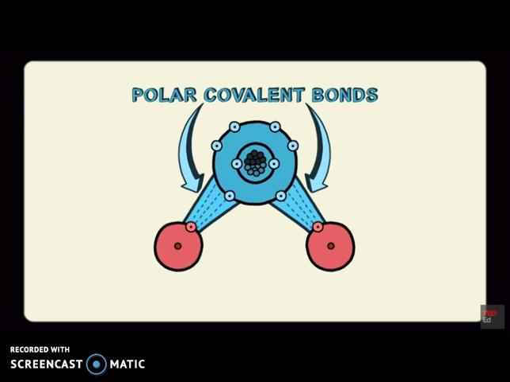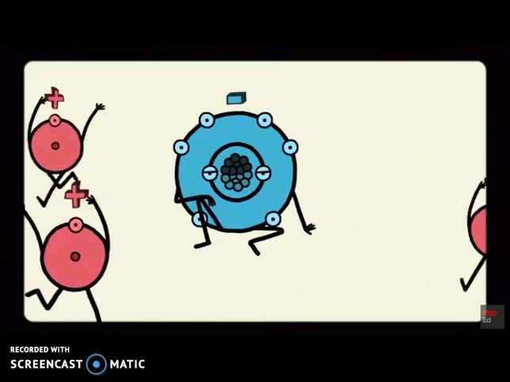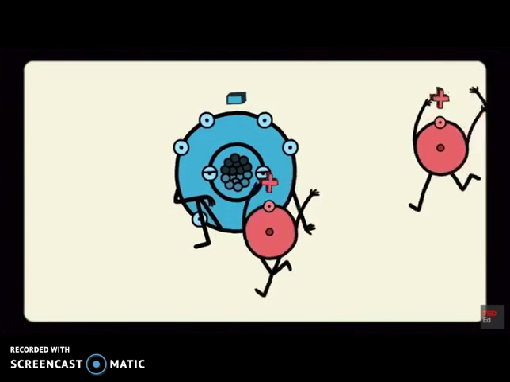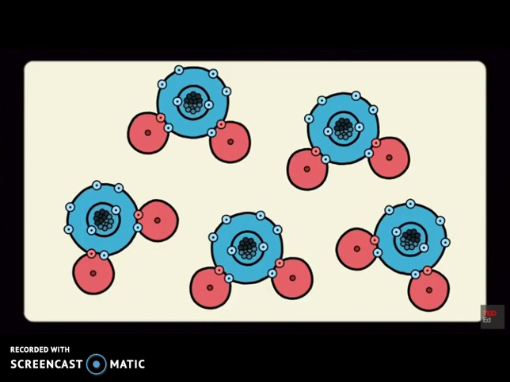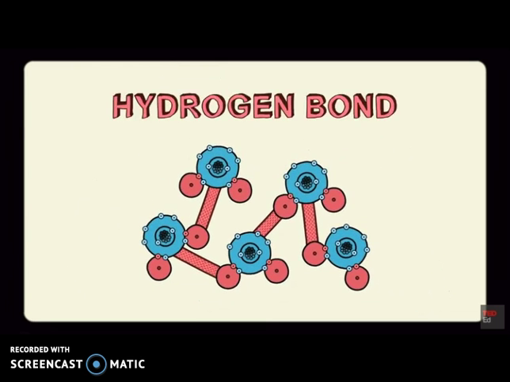But, as we just learned, polar means that these electrons are not shared equally. In water, the oxygen acts negative, and the hydrogens act positive. Since negative and positive attract, that oxygen is attracted to the hydrogen atoms in neighboring water molecules. A special type of bond forms between water molecules known as a hydrogen bond.